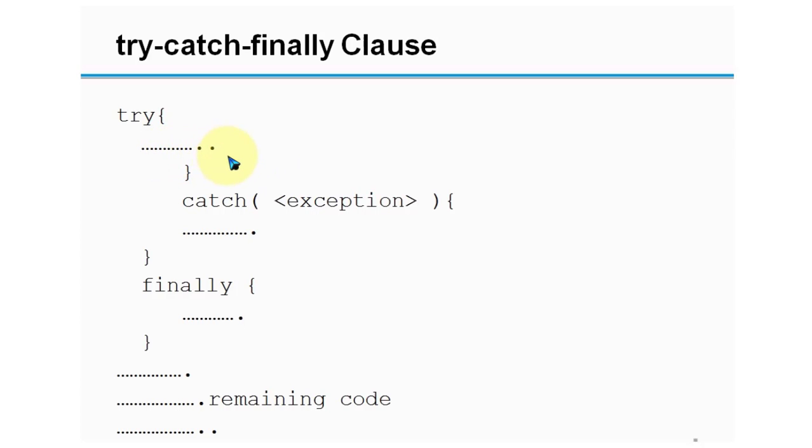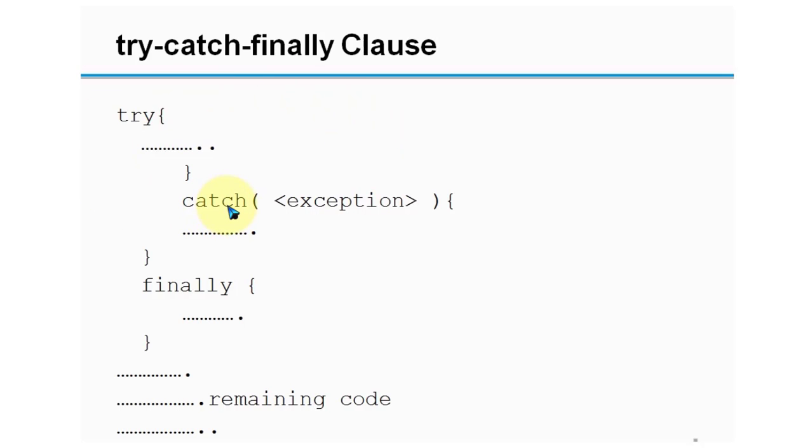And suppose here you are writing the instruction file object dot close. Suppose your code executes properly. In that case, the final instruction will execute, that is the file close. But suppose after the second instruction your code generates an exception.